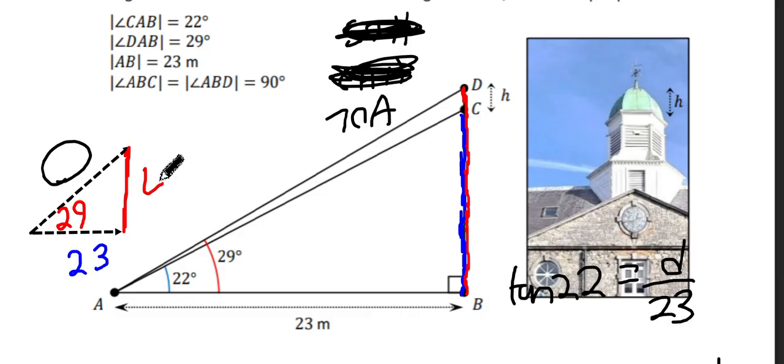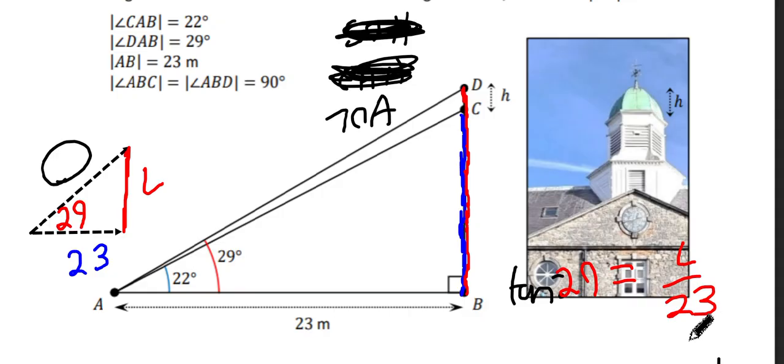Now, we're going to do the same trick we did last time, except we're going to look for L. L is the longer length, okay? So what are we going to say this time? Are we using sine, cos, or tan? We're using tan again. Why are we using tan again? Still don't know the hypotenuse. So it's tan 29 equals L over 23.